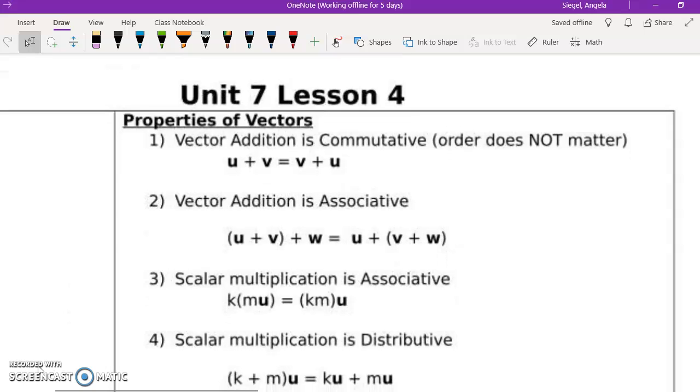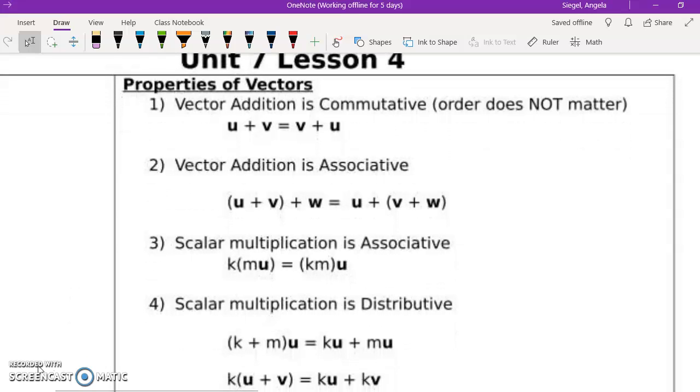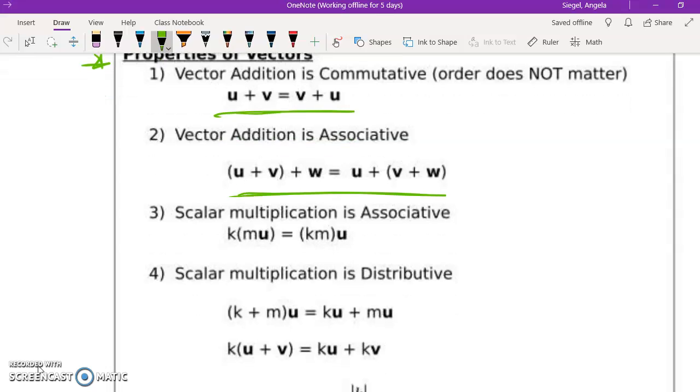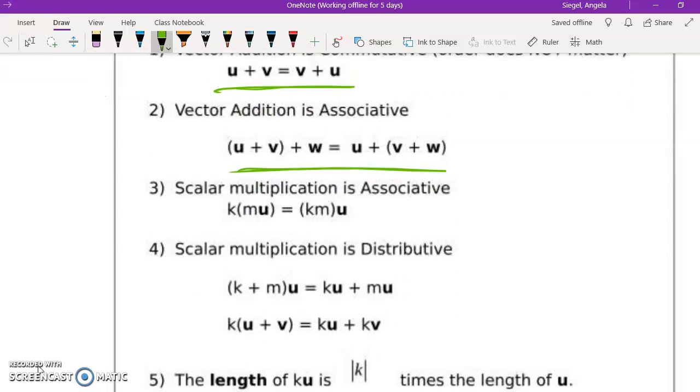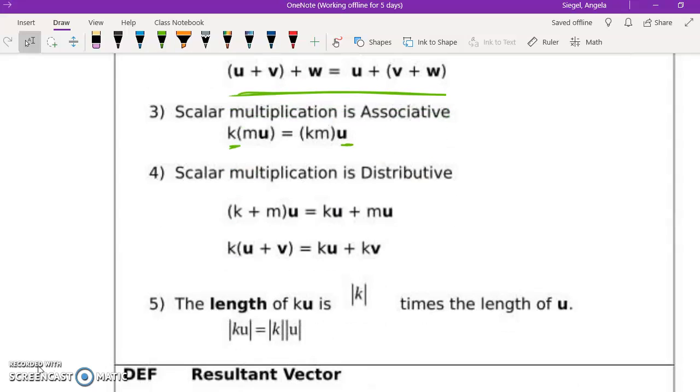So we've talked about the basics, we've talked about scalars. These are all the different properties of vectors. Notice this one, the commutative property, that's nothing new. Associative property, nothing new. Scalar property, nothing new as well. And distributive property, nothing new.